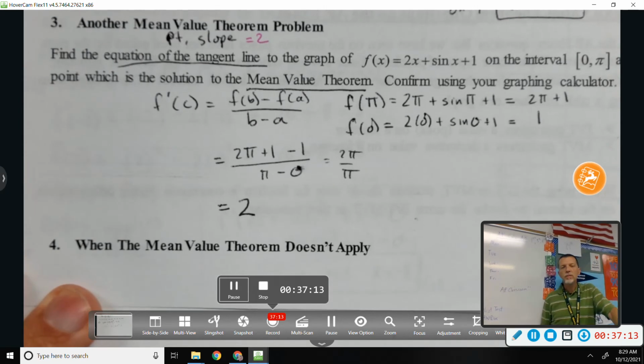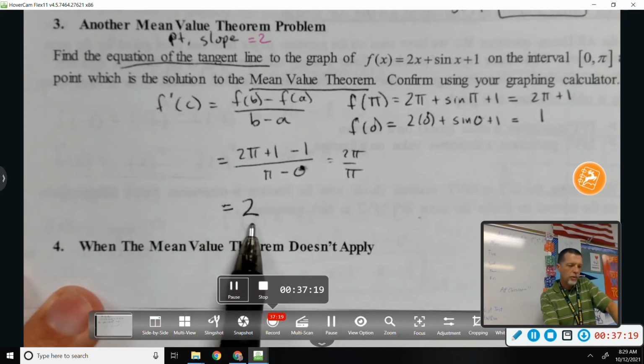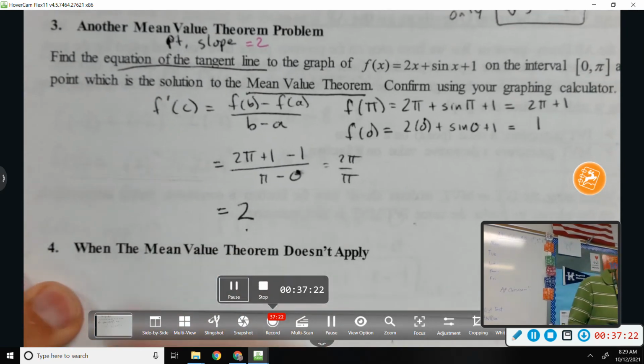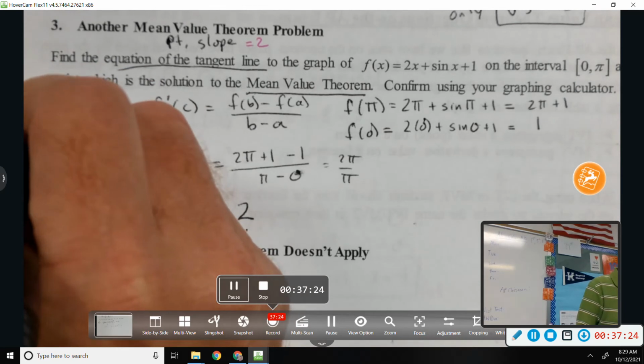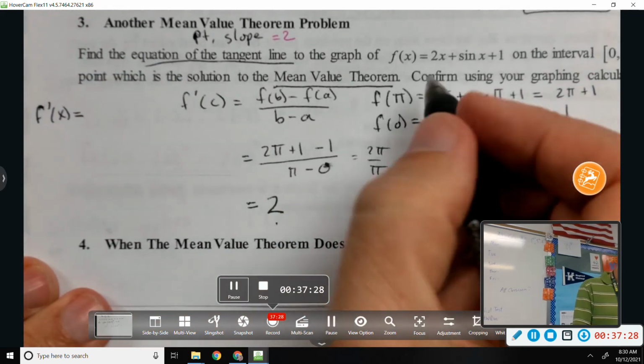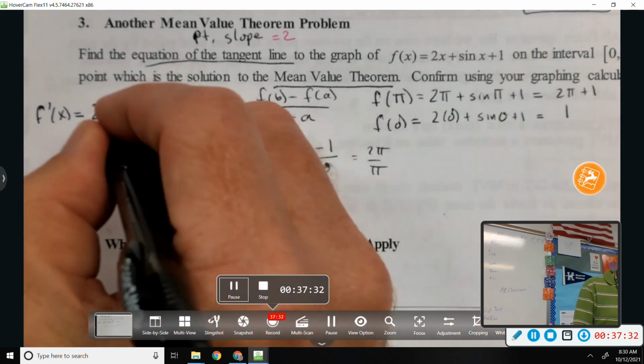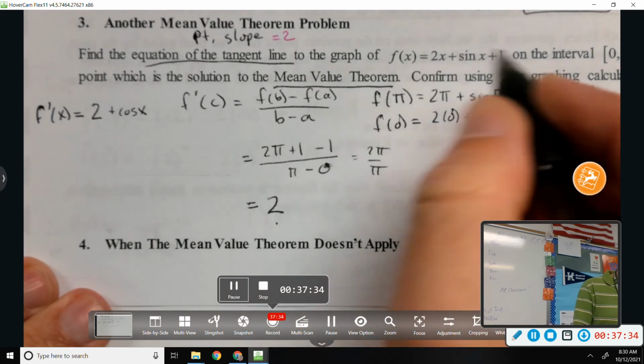Halfway done with the problem. Now I need to figure out where that is. So where is the instantaneous rate of change equal to the algebra rate of change? Well, I need to take the derivative of f. So derivative of 2x is 2. Derivative of sine is cosine. Derivative of 1 is 0.